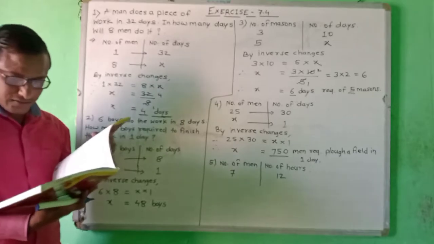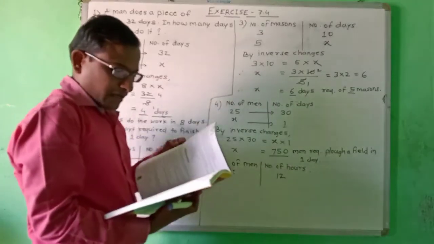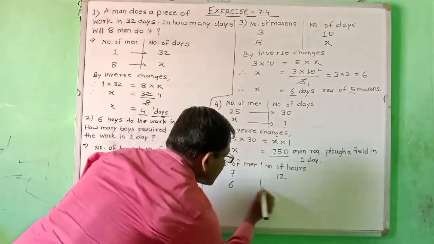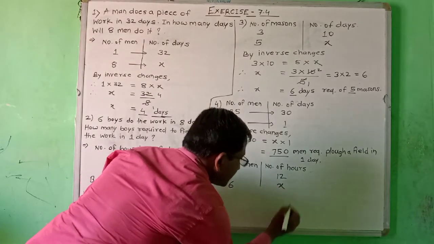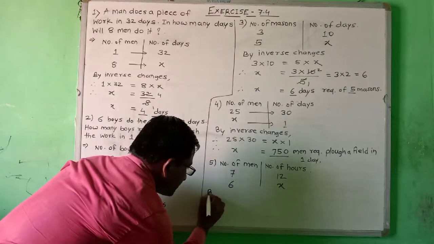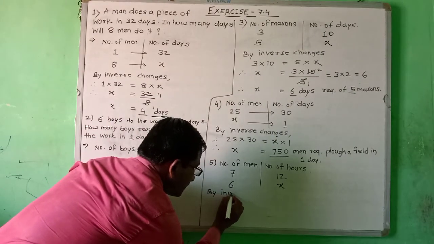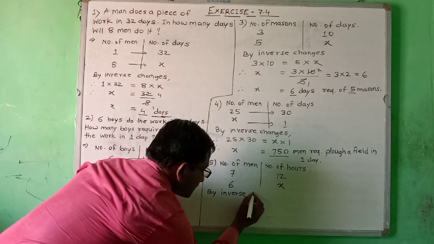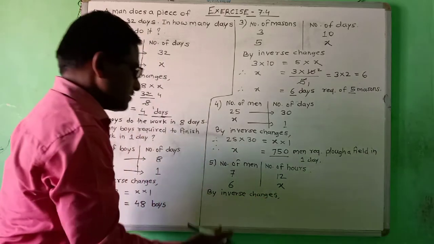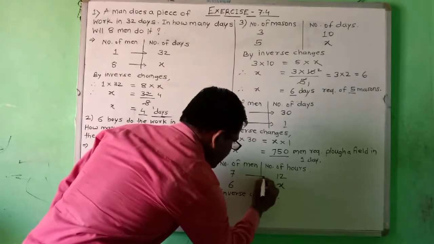In the second condition, in how many hours will 6 men plough it? So number of men is 6. So hour is not known. So consider here x, and by inverse changes, we do the multiplication.